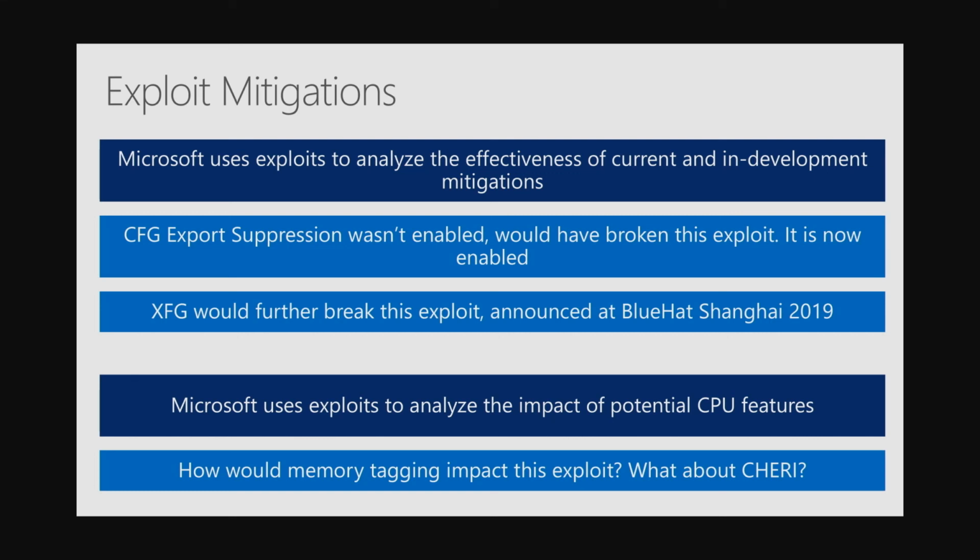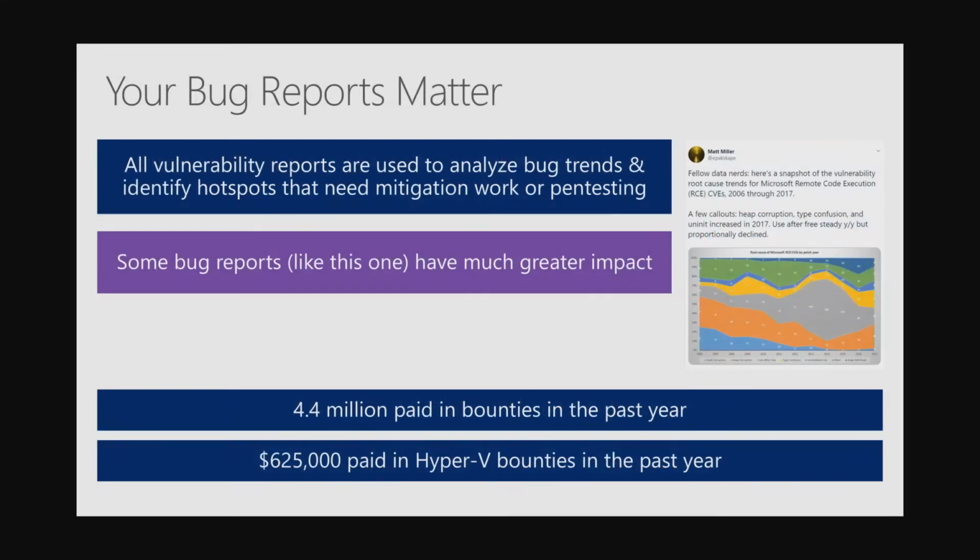And we also use this just to look at potential CPU features, not necessarily ones we're working on, but just considering as future options. So we might look and see, how would memory tagging impact this? How would something like CHERI impact this, etc. So it really helps us dive into future investments that we should make.